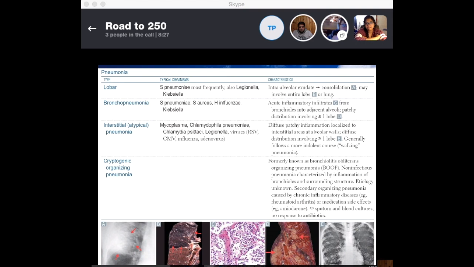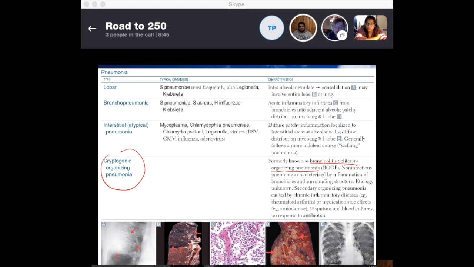Okay, and then we've also got this guy here at the bottom, cryptogenic organizing pneumonia, which used to be known as BOOP, bronchiolitis obliterans organizing pneumonia. So this isn't an infection. This is more of a scarring post-inflammation.